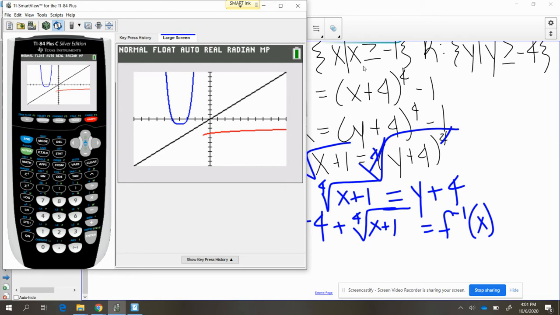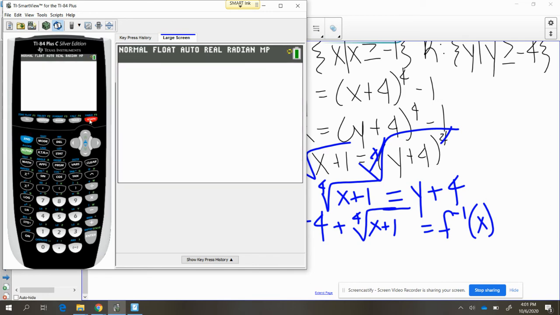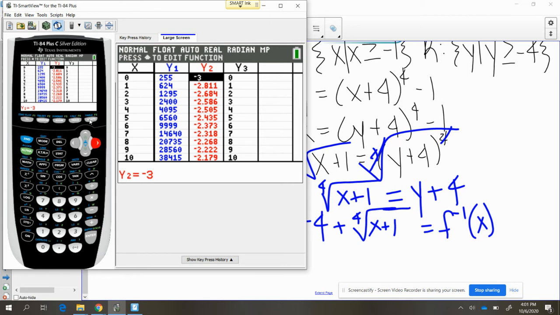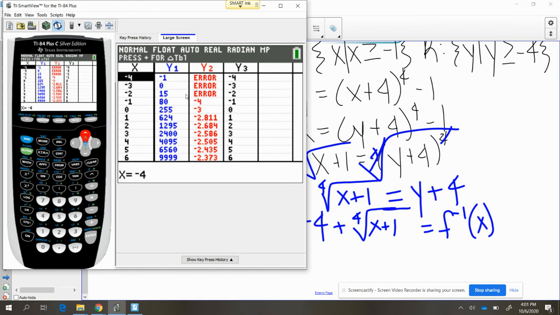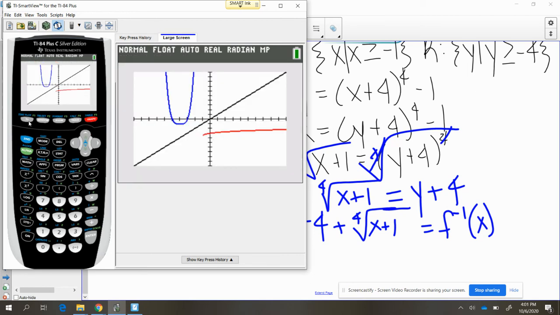And because of that restricted domain, look at our x values: they are all greater than or equal to -1. All of our range values, the y values, are greater than or equal to -4. And even looking at the table, anything below that -1 is giving us an error message. We can see that domain there. So without even actually looking at our graph, we have the domain and we have the range.